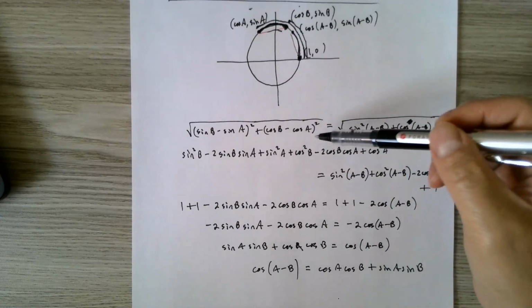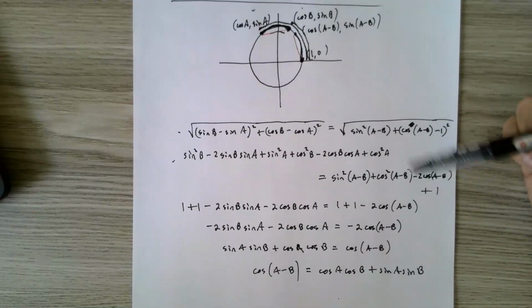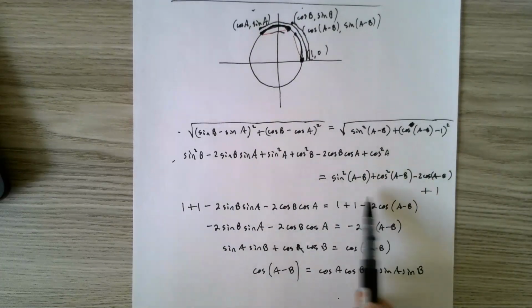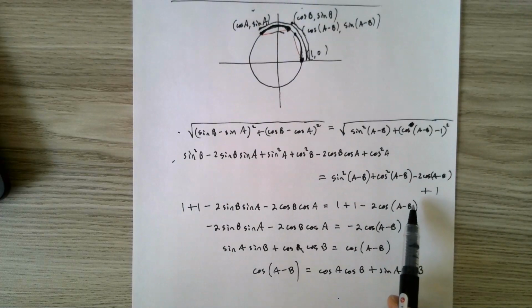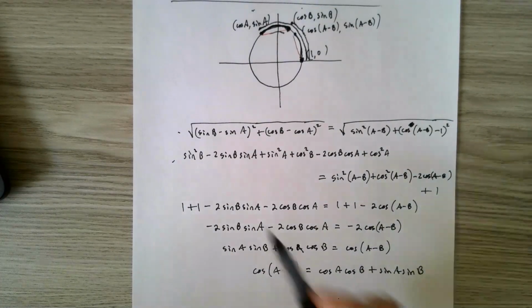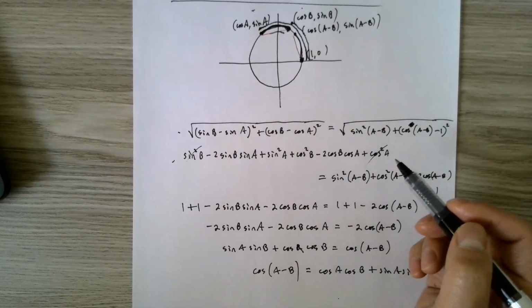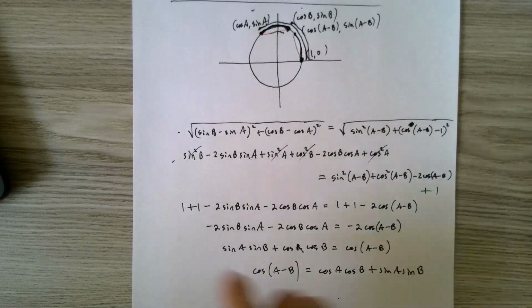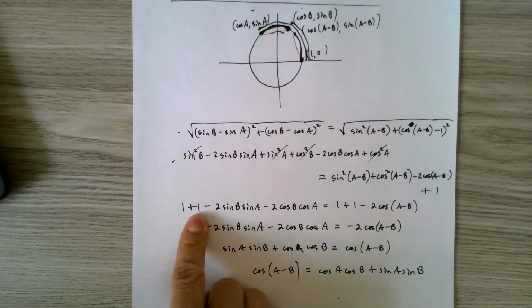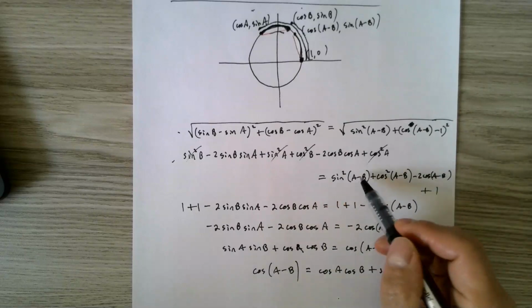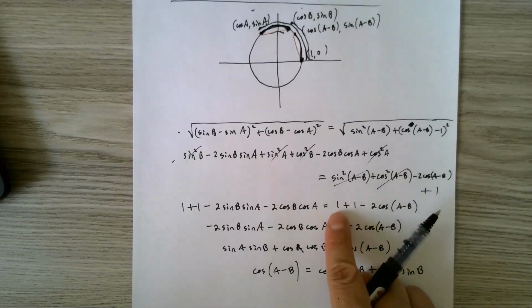This first step, from here to here, is squaring both sides and multiplying out these binomials on both sides. And then using Pythagorean identities, I get a 1 plus another 1 on the left, and on the right this and this make another 1.